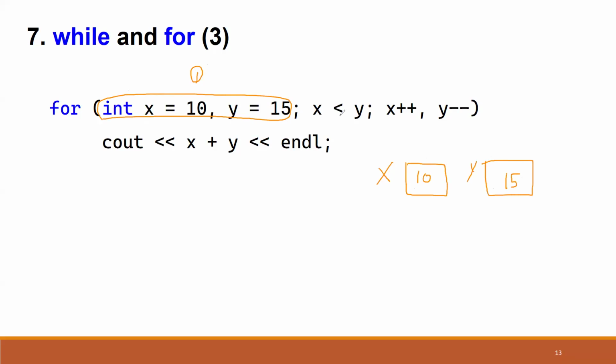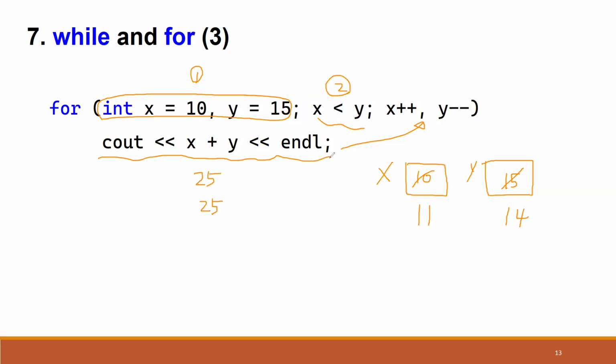Okay, and this is true, right? X is less than y, true. So the computer will execute x plus y, right? So 25, okay. And then go to this part, right? Yeah, so x is incremented by 1, y is decremented by 1, still 25, right?